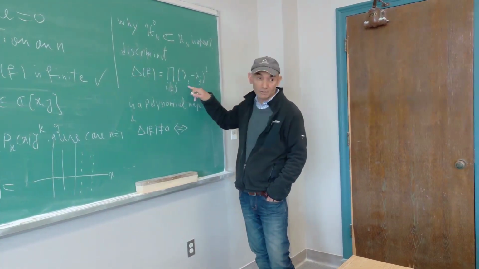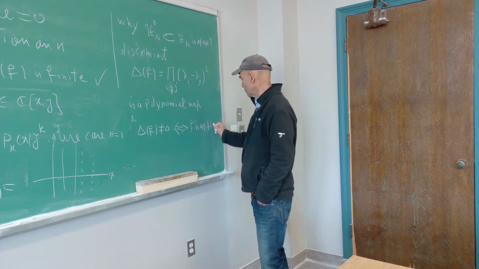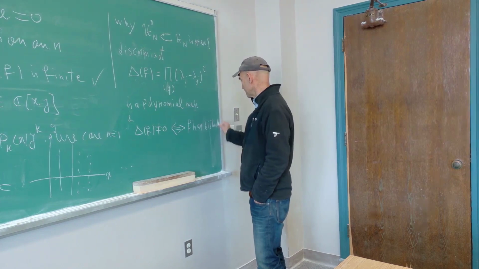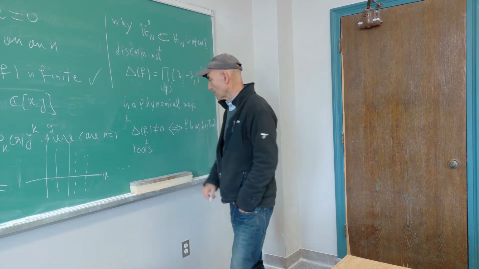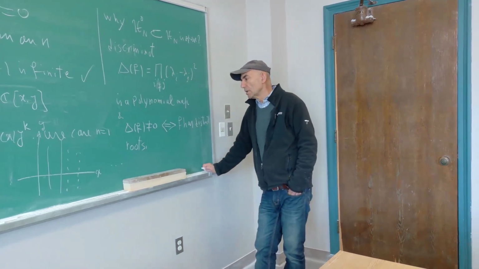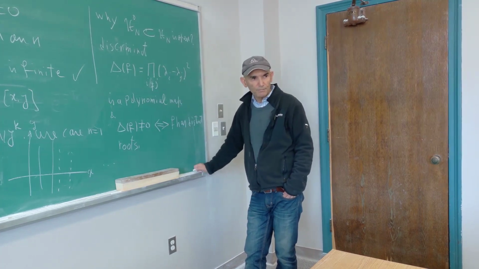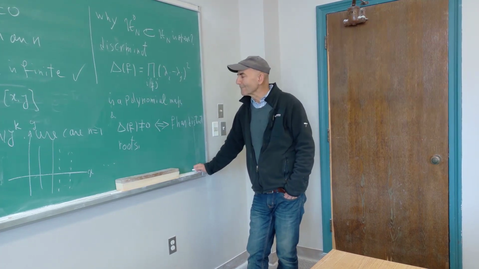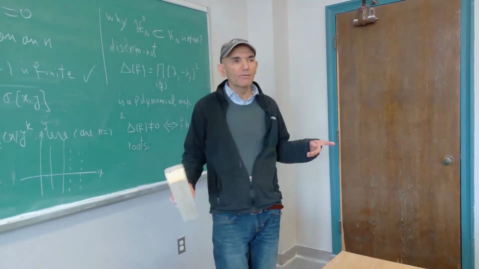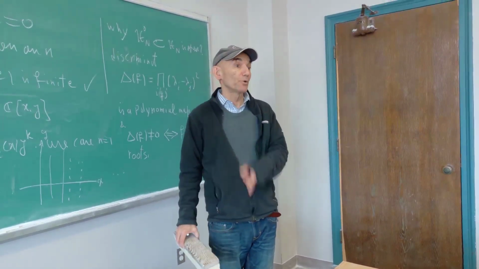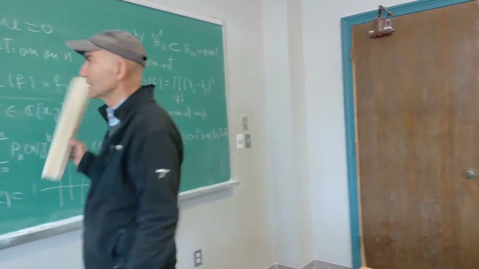Well, this from the definition is clear. So this is what we learn in undergraduate algebra, the property of the discriminant. Now, a matrix has distinct eigenvalues if and only if its characteristic polynomial has distinct roots. And we reduce the problem to this case.